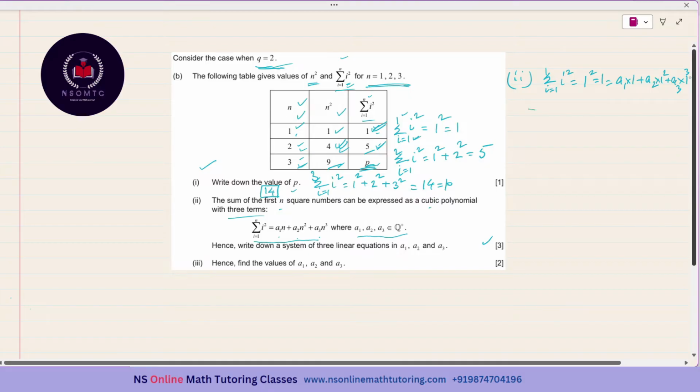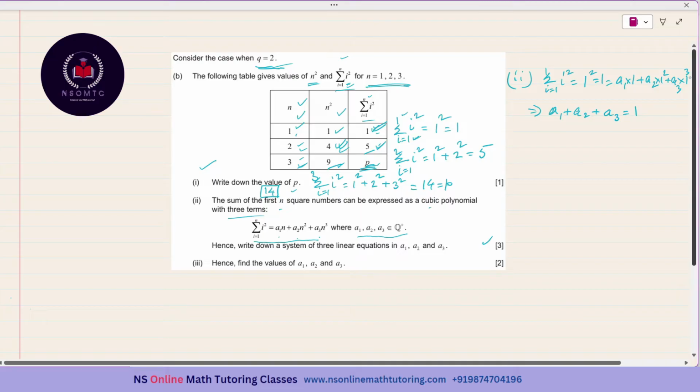Therefore, a1 times 1 is a1, a2 times 1 square is a2, a3 times 1 cube is a3, is equal to 1. Okay.